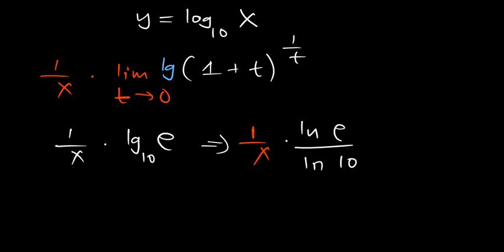That's how we change bases. Natural log of this divided by natural log of that. So on top you're going to have a 1, because natural log of e is 1, and then on the bottom you're going to have x natural log of 10. So that's basically what you end up with for this question, right?